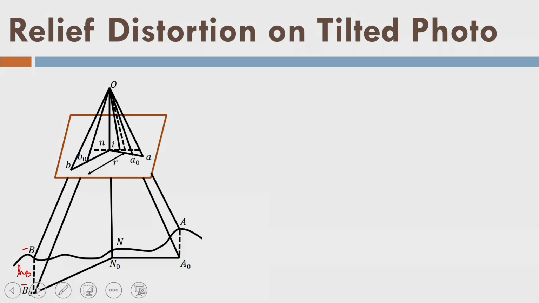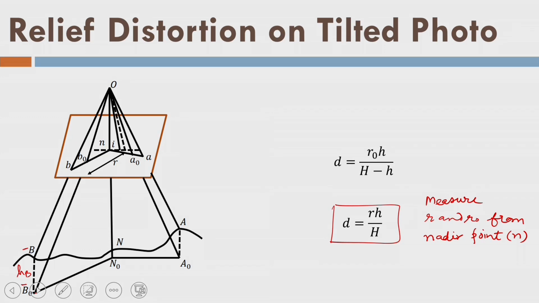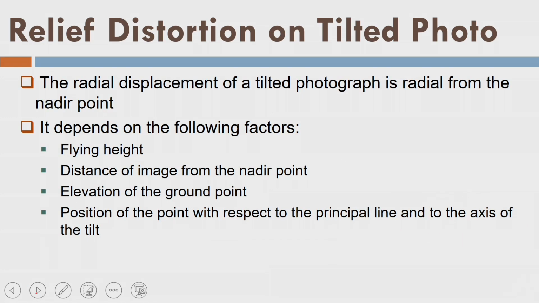Now, this distance is R, and I can see here that this equation is still applicable if I measure the R and R0 from another point N and not the principal point. So, I can write this expression also.